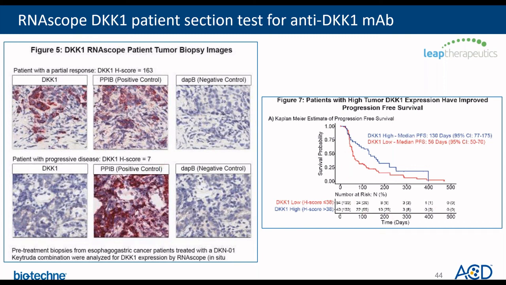And on the right side is the Kaplan-Meier curve, which shows the better survival of the patient with high DKK1 level as compared to the one with low DKK1 level. And therefore, they are going to use RNAscope as a patient selection test in their upcoming clinical trial, where patients will be selected based on having certain threshold of DKK1 expression.